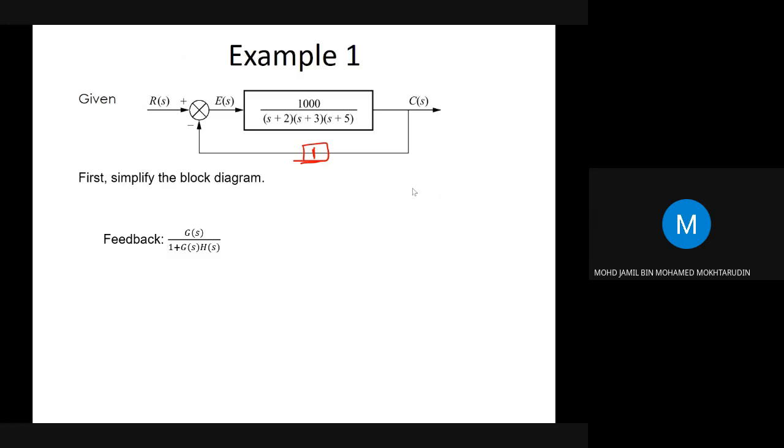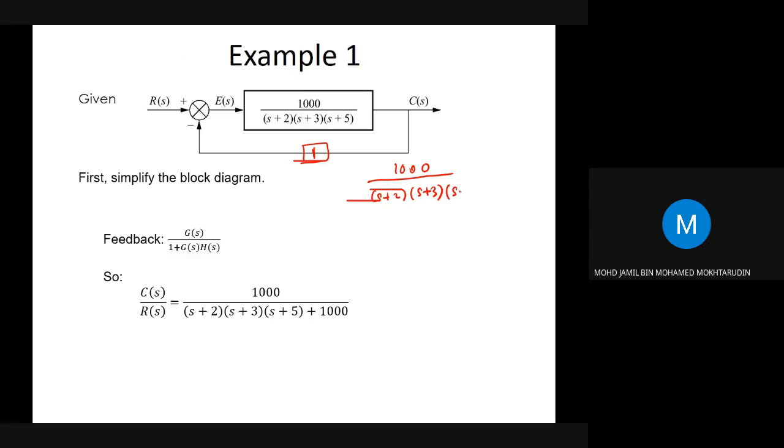Okay, so you get 1000 divided by (s+2)(s+3)(s+5), divided by 1 plus 1000 divided by (s+2)(s+3)(s+5). Okay, rearrange and you will get this.